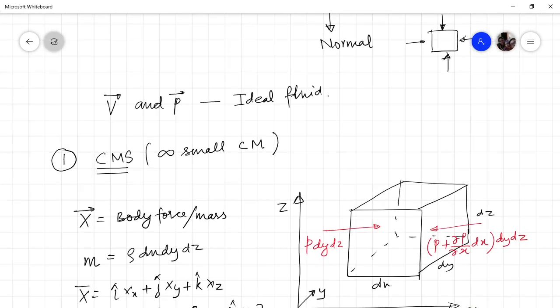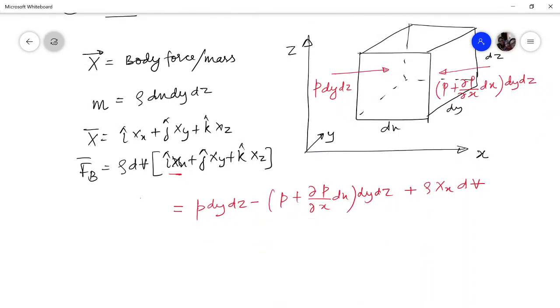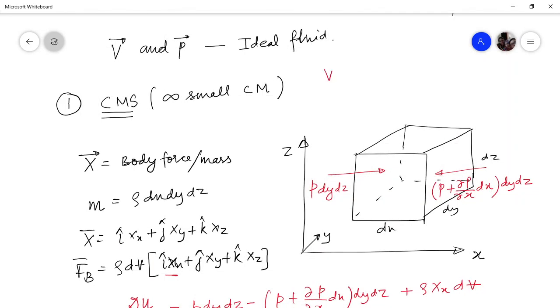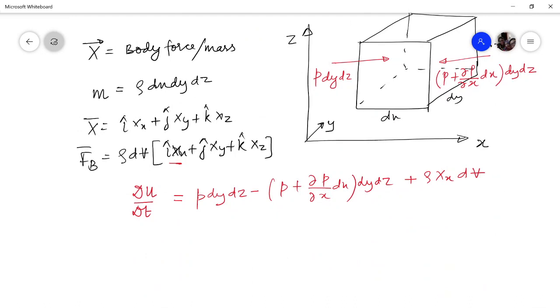So in the x direction, the acceleration is the substantive derivative of the x component of velocity, where the velocity vector V is iu plus jv plus kw. So this is the x component of acceleration, times the mass. So the mass of this fluid element is rho dV.